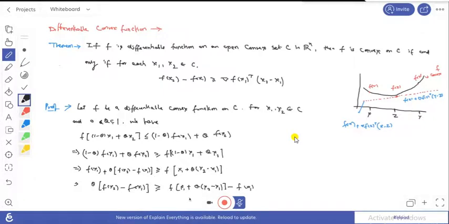And you know that the expansion of this function about the point x1, using Taylor's expansion, equals f of x1 plus theta and the first derivative, gradient of f(x1) transpose, because this is a vector valued function, times x2 minus x1. Here we consider only the first order differential, so no need to write the higher derivatives. Plus additional terms here, of course, from the Taylor's expansion, and then minus f(x1).